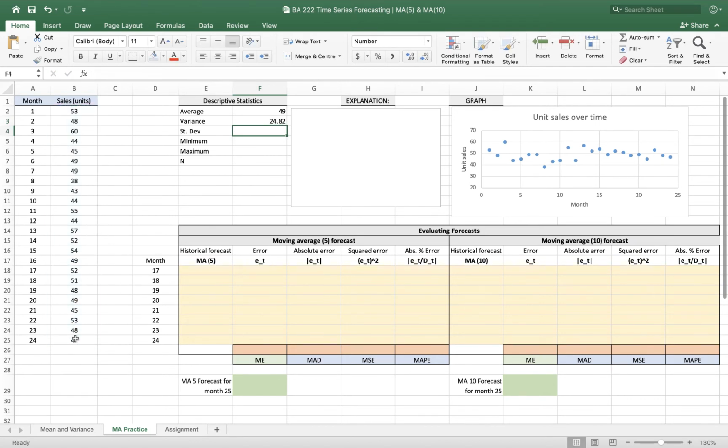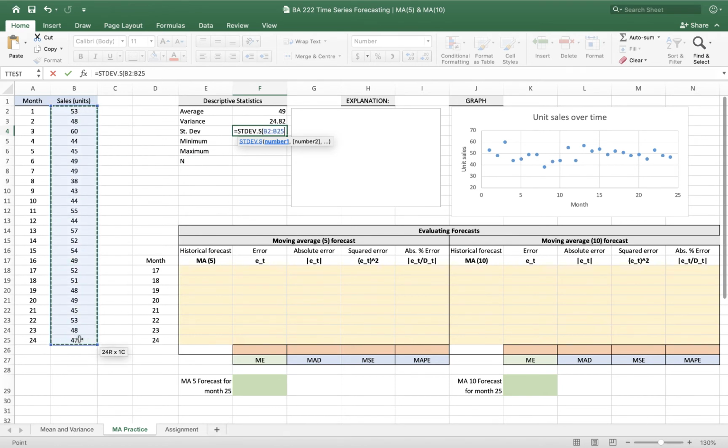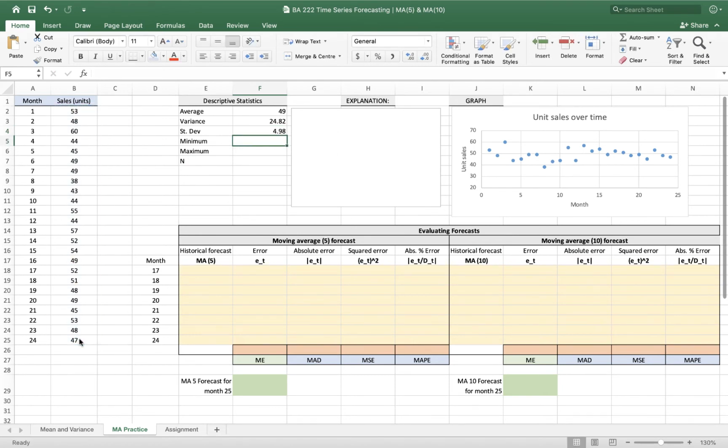Our variance is 24.82. The standard deviation is the square root of the variance, so we know it's going to be about 5. Our standard deviation is 4.98. So we've sold 49 on average, and plus or minus about 5 will get us most of our data points.